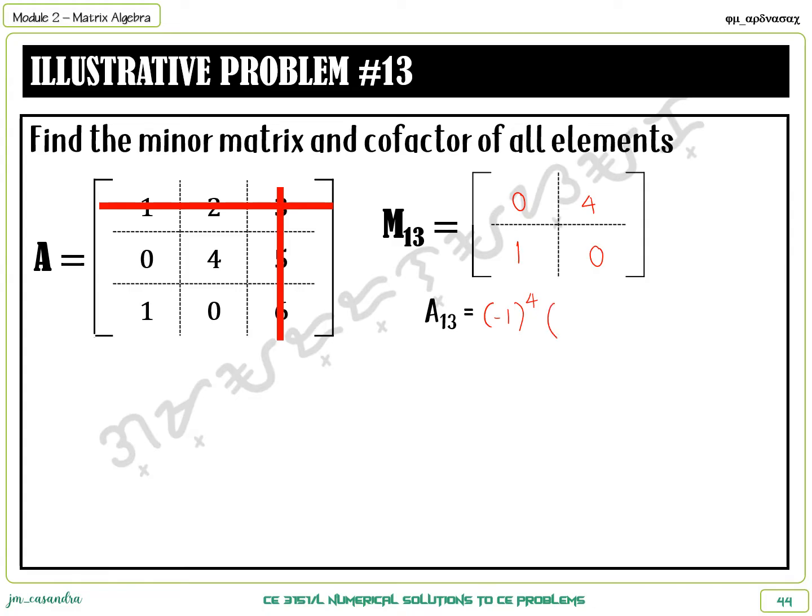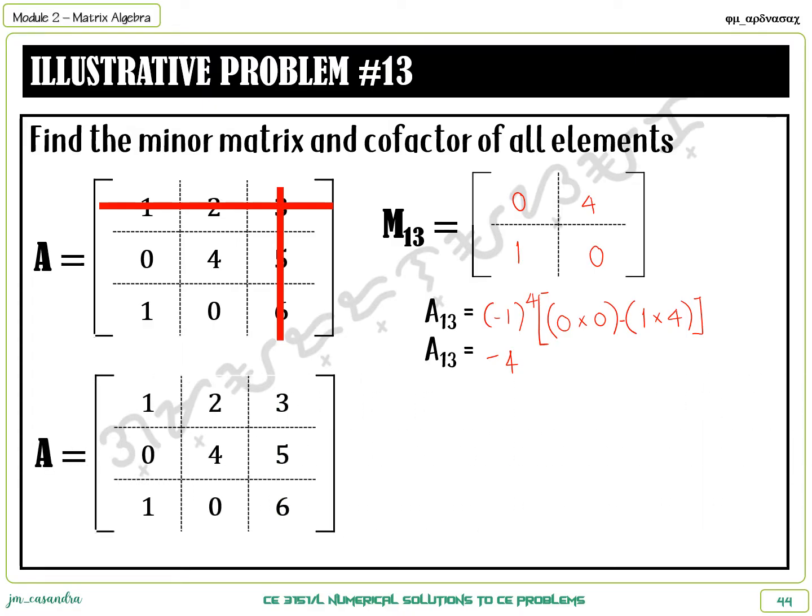So multiply that to 0 times 0 minus 1 times 4, or A13 now is equivalent to negative 4.